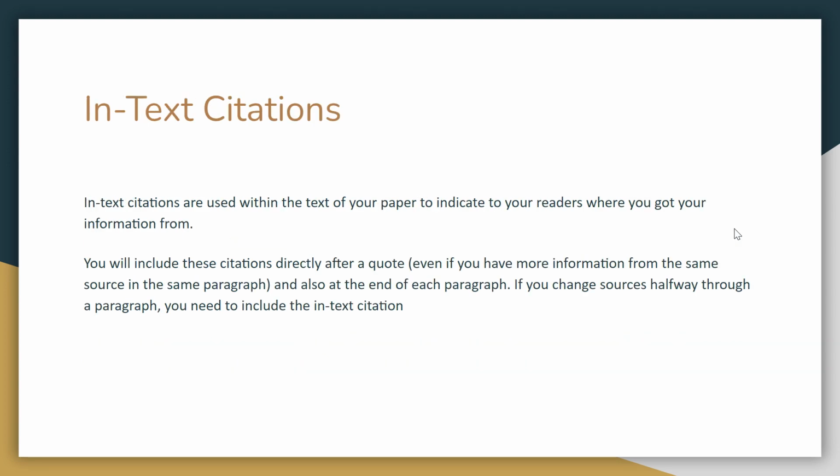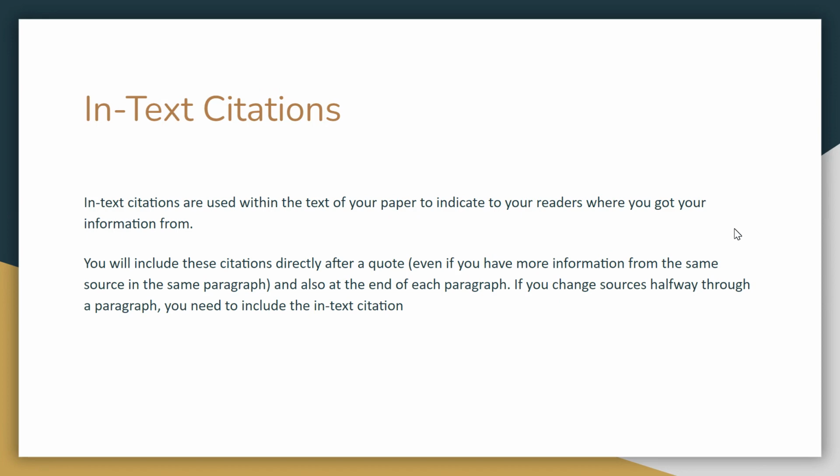So an in-text citation is parentheses used within your paper to allow your reader to know what source on your works cited page goes with what information within your paper, because you're going to have 9 pages of information. So within that information, you need to make sure that you're having the sources dictated in these in-text citations.